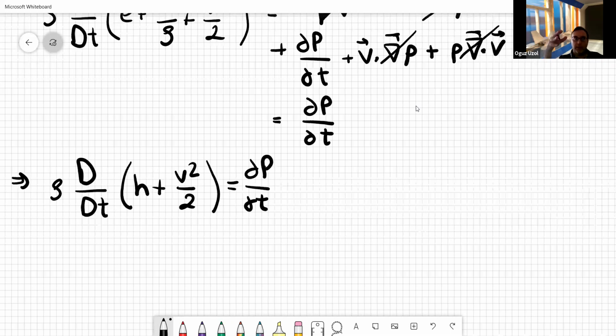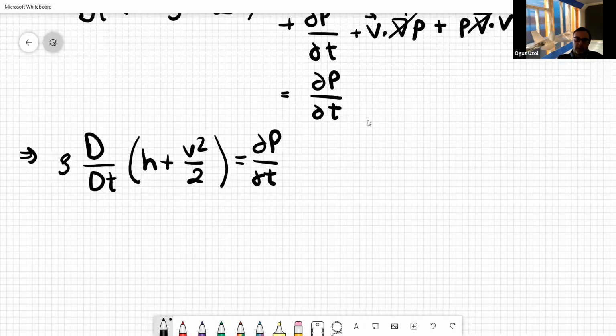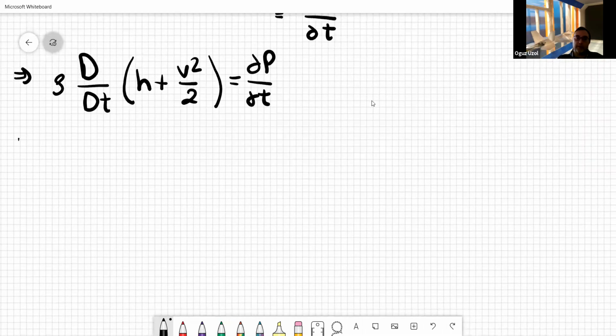Why are we interested in this equation? Because this process of slowing down a fluid element to zero velocity adiabatically is governed by this energy equation. Good.